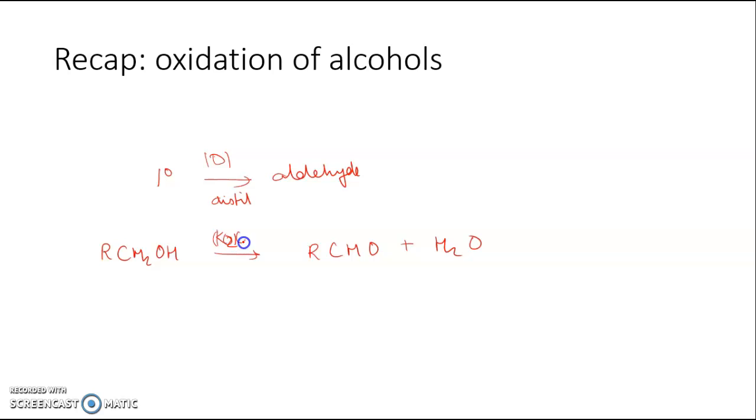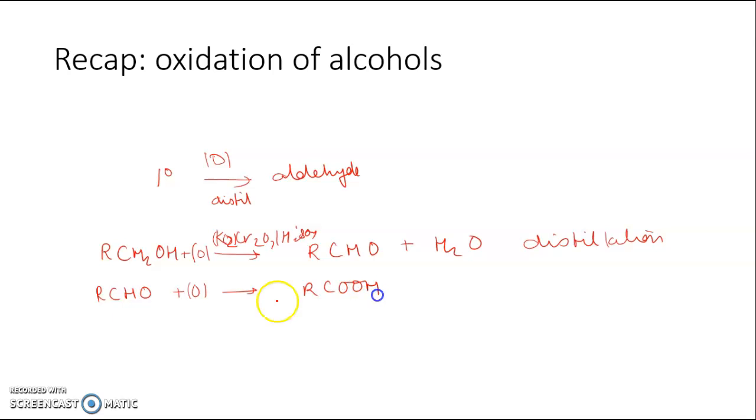So if I just put K2Cr2O7 in presence of H2SO4, and we said that was the first reaction. Here you would just use the distillation method, and if you did reflux, then the RCHO that's formed would further get oxidized to give you RCOOH.